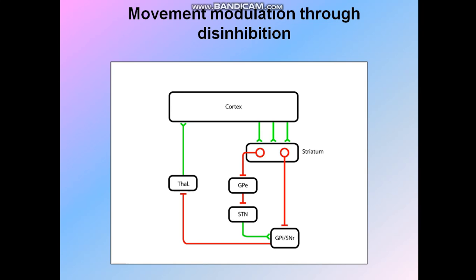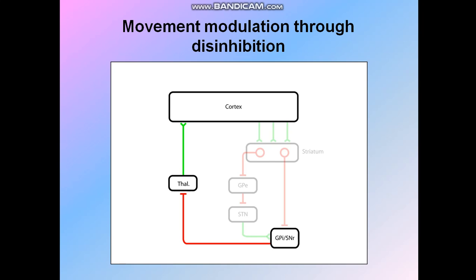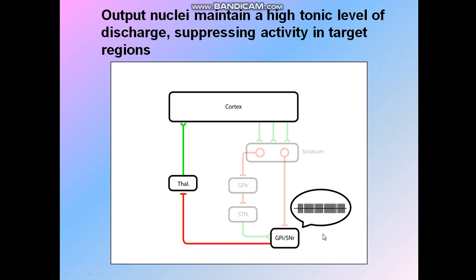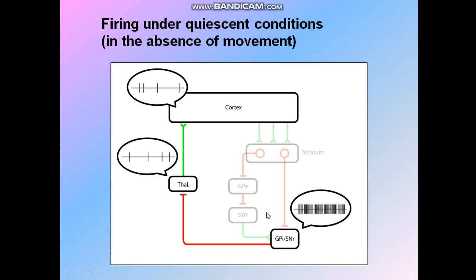Okay, we come here to movement, the role of the basal ganglia. It's what's called movement modulation through disinhibition. What does that mean? We said previously that the net result of the output nuclei of the basal ganglia is inhibitory. This is during quiet conditions. The output nuclei of the basal ganglia have a high tonic discharge, so as to suppress activity and prevent any unnecessary movement.